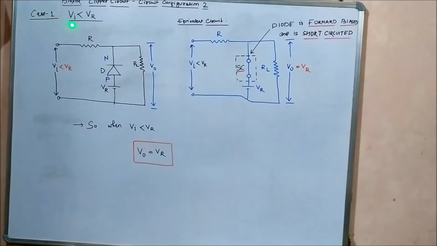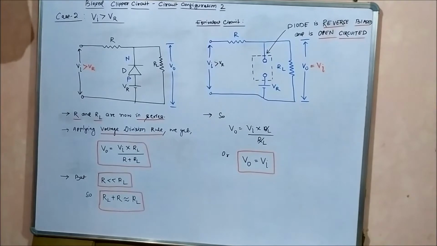Now let us analyze case 2, where Vi is greater than the reference or biasing voltage. This is the second case in which the input voltage is greater than the reference voltage connected here.